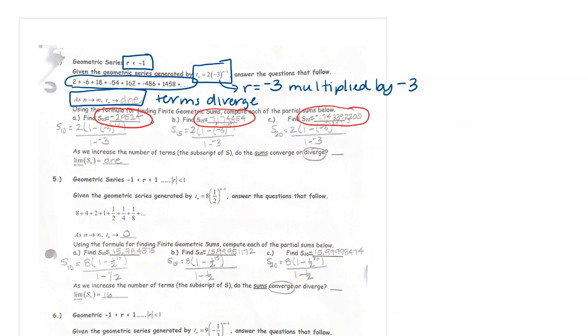So these sums are also alternating back and forth, just like the terms. So again, we would say that the sums diverge. But since these are alternating back from negative numbers to positive numbers to negative numbers, etc., this infinite sum doesn't exist. I can't tell you that it's infinity or that it's negative infinity because it depends on how far down the sequence I've gone, if the last number is going to be positive or negative.